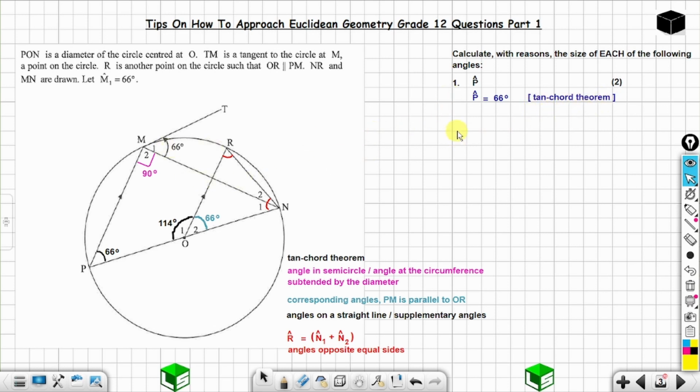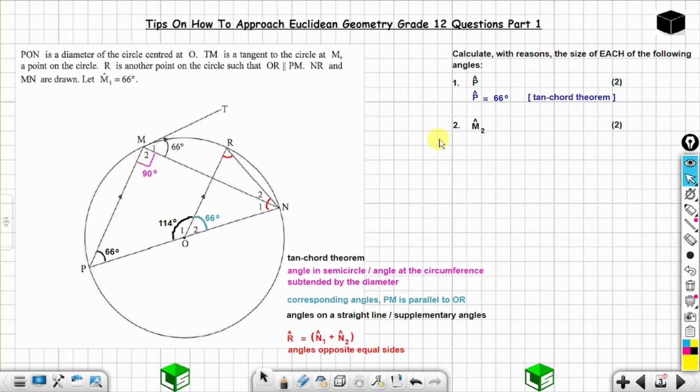Now question 2, calculate with reason the size of each of the following angles. M2. Remember, angle subtended by the diameter, or angle in semicircle. This is a semicircle.